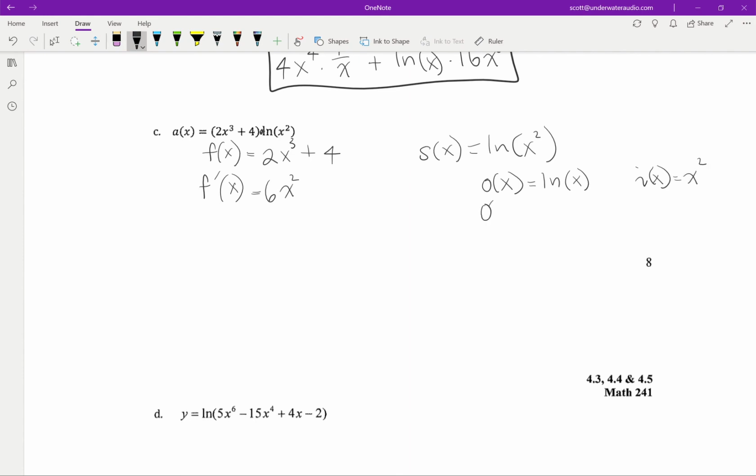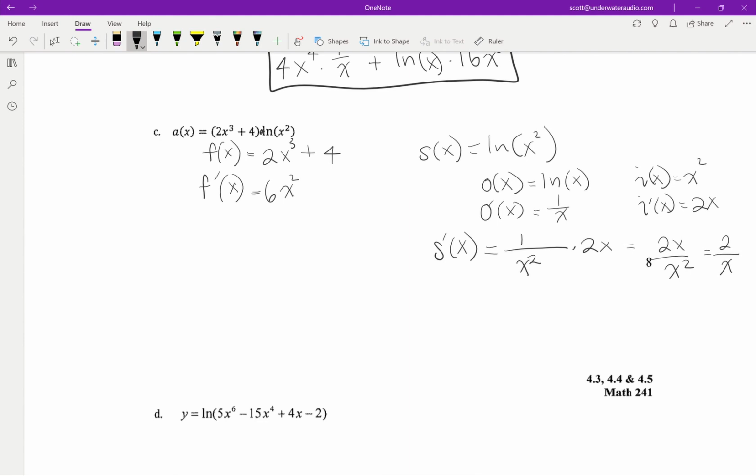The derivative of the outside function is 1 over x, and the derivative of the inside function is 2x. Okay, so I'm still trying to find the derivative of s of x, but now it shouldn't be too bad. So s prime of x is going to be the derivative of the outside with the inside plugged back in, and then times the derivative of the inside, which I might as well clean up because 2x over x squared, the x's are going to cancel, so I have 2 over x.